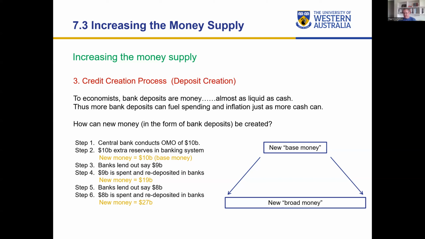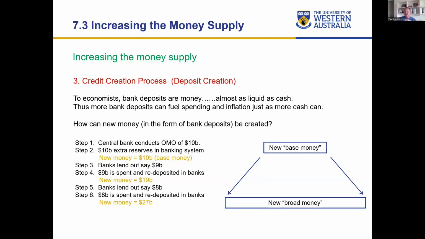That money, once it's settled into the bank account of someone else, is loaned out again. So in a sense, the banking system is taking the $10 billion and lending it out multiple times, not just once. That's how the fractional reserve banking system works. And this process that I'm describing is the credit creation process.